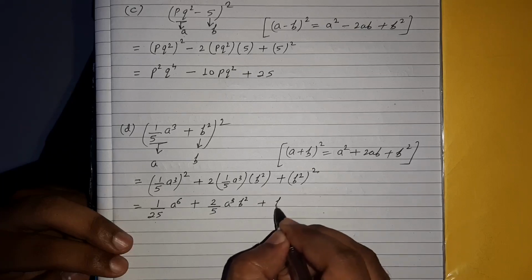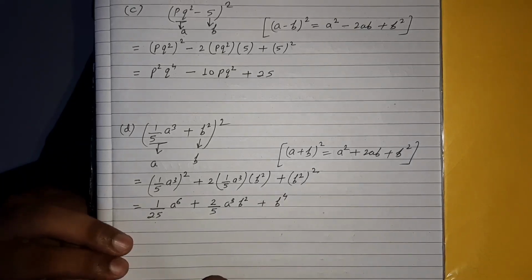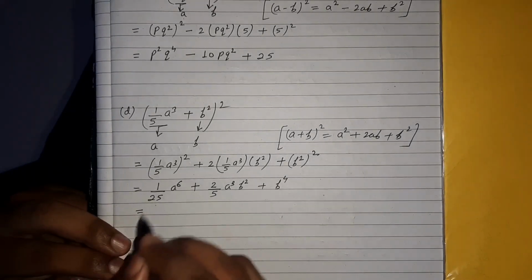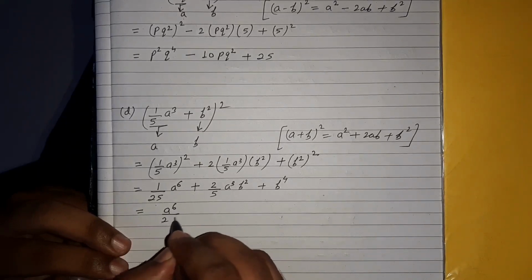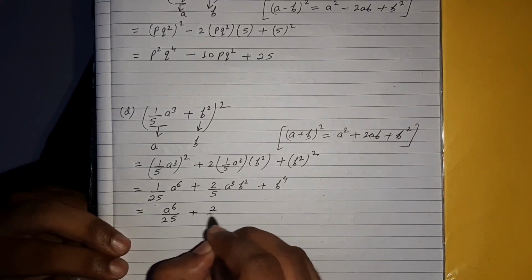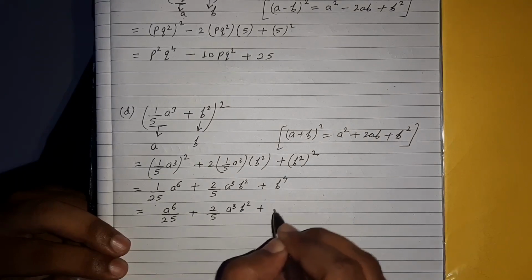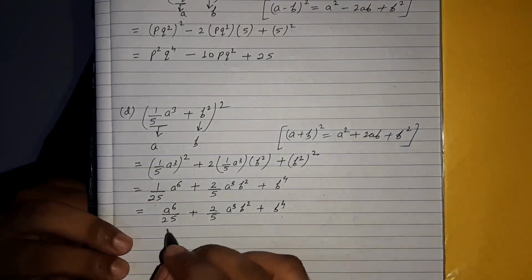And here 2 2s are 4. So we can write a raised to power 6 by 25 plus 2 by 5 a cube b square plus b raised to power 4. So this is the expansion form.